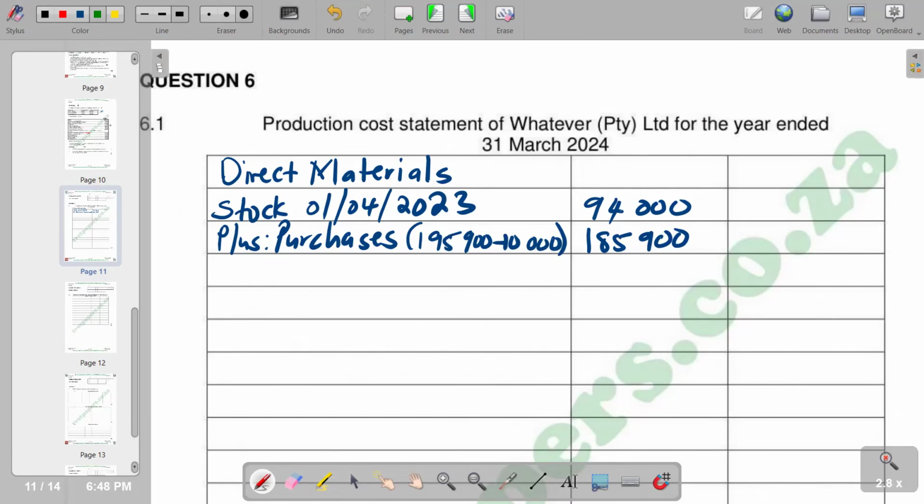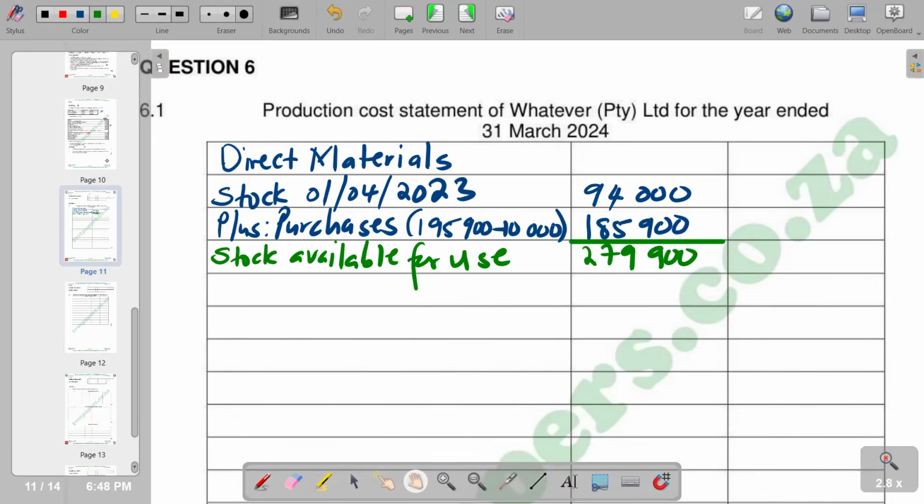So here we are supposed to have stock available for use. And of course, 94,000 plus 185,900, we're going to get 279,900. And of course, we can show that there was an addition which took place.